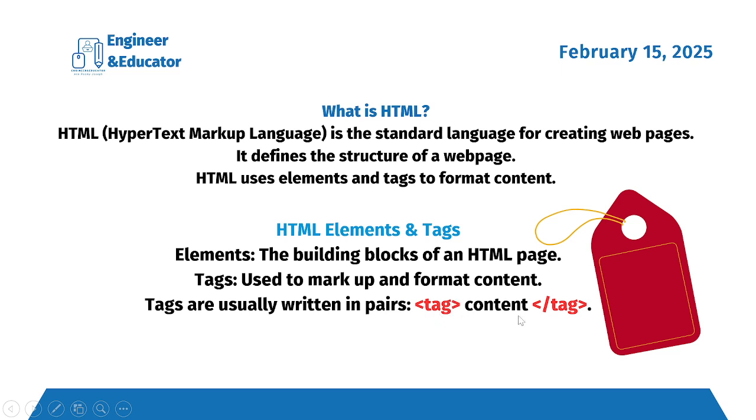The tags along with the content will make an element, and this element is the basic building block of an HTML page, like words are the basic building blocks of a sentence. For English, words are made using alphabets. So just for you to understand, tags are like the alphabets of HTML.